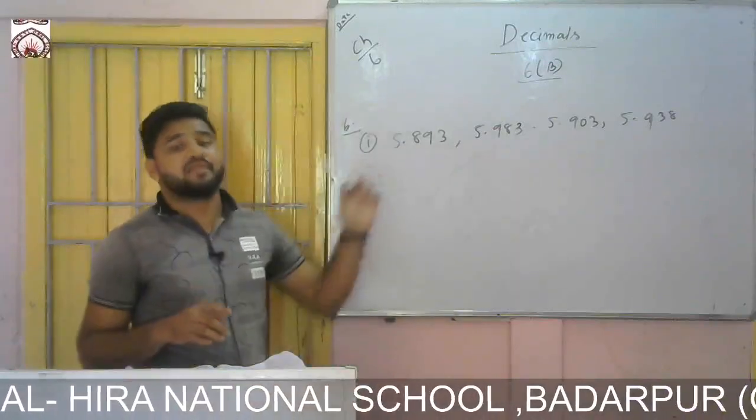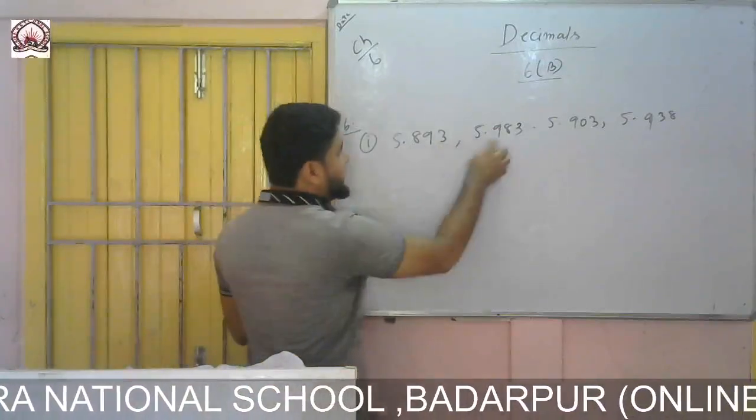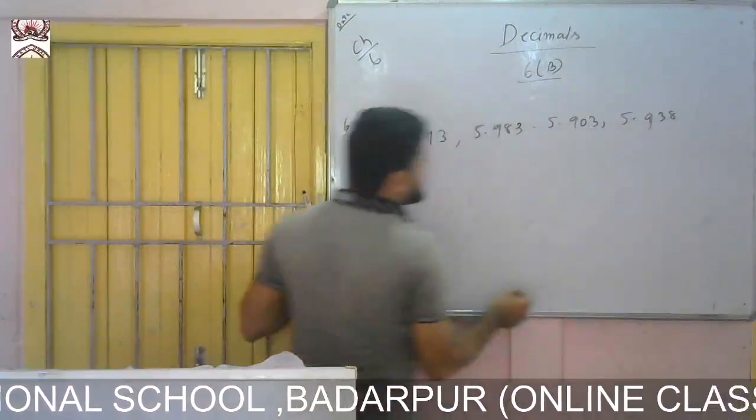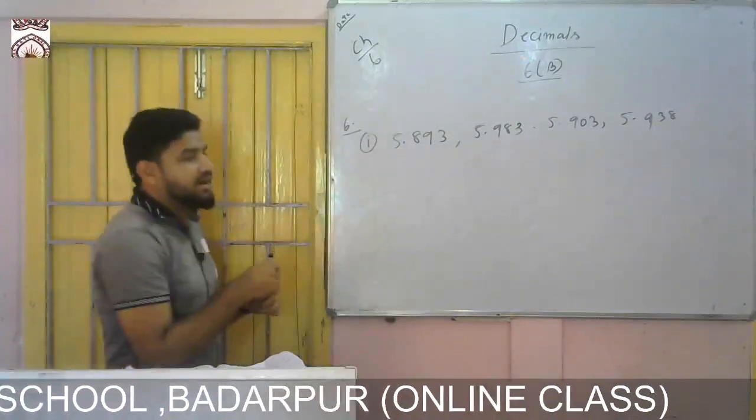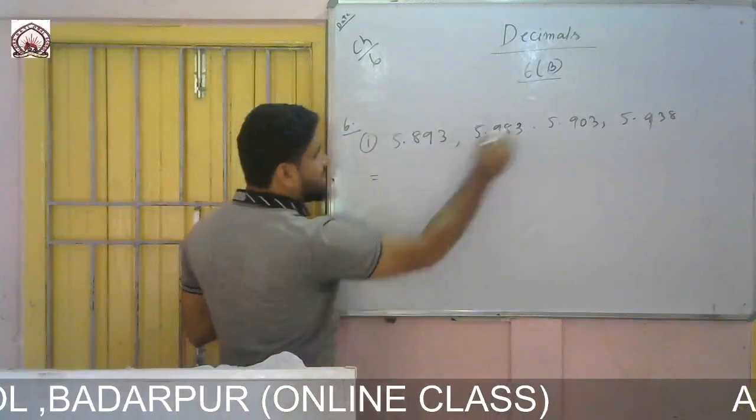Now you go for the fractional part: 893, 983, 903, 938. We need to write starting from the largest one.